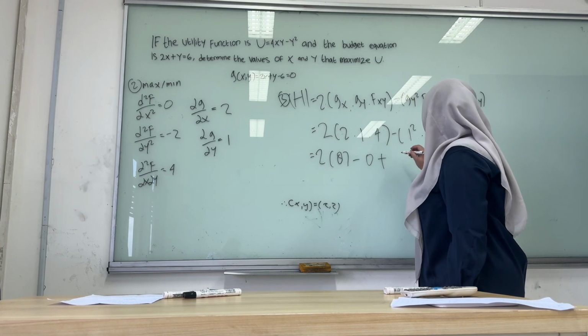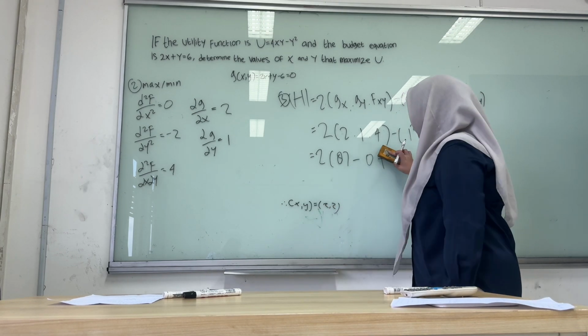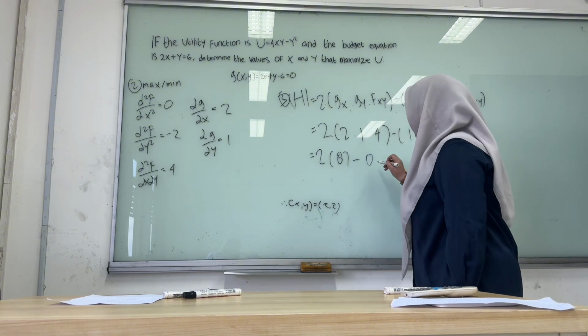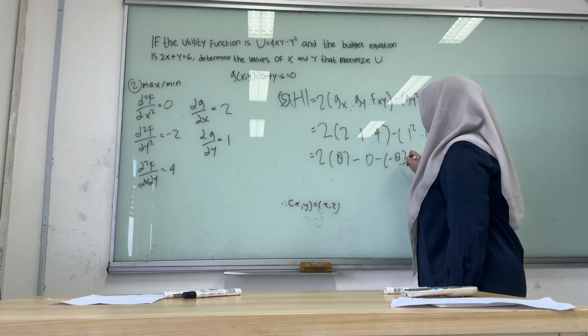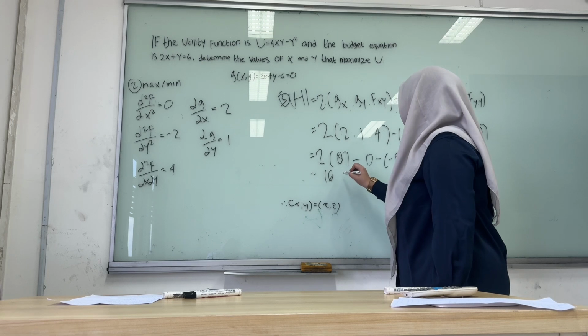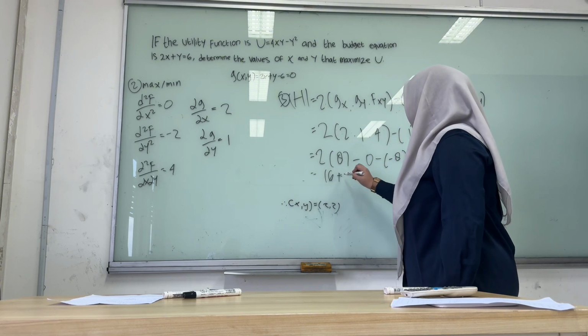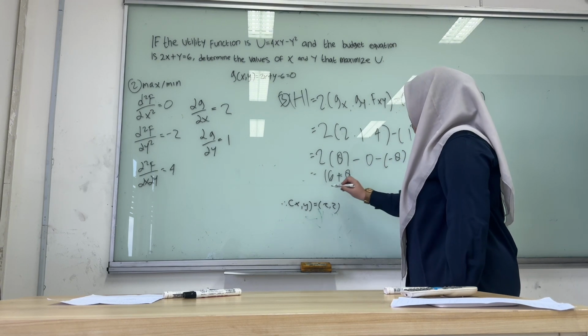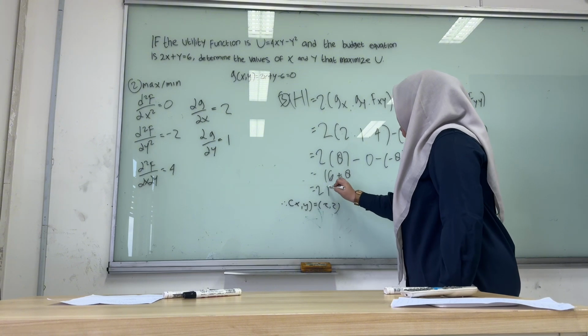So this is from minus 8. So 16 plus 8 equals 24.